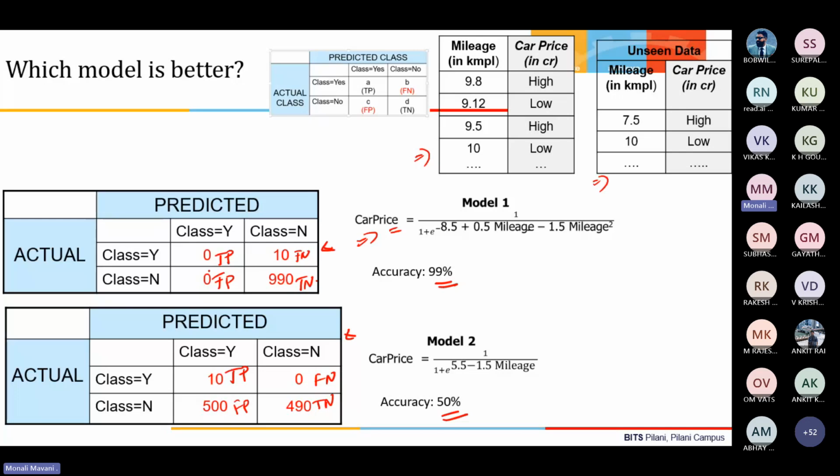Even if it is an imbalanced data set, still car price. See, the cost of misclassifying your minority class depends upon your problem domain. So in these two models, if I have to predict the car price high or low, I have so many false alarms in the second case.